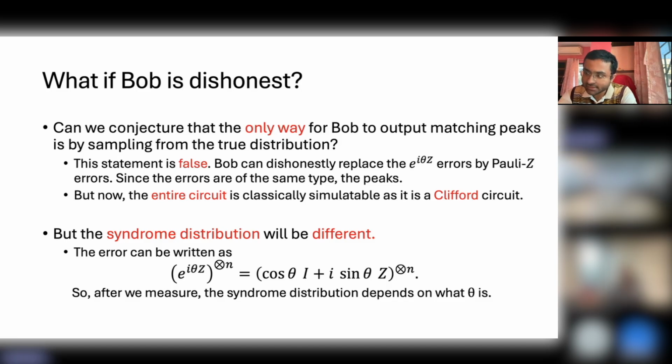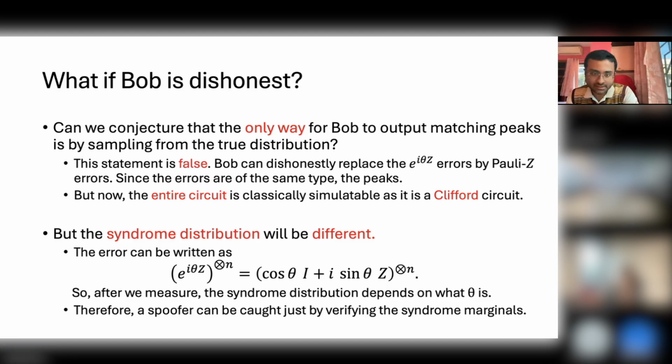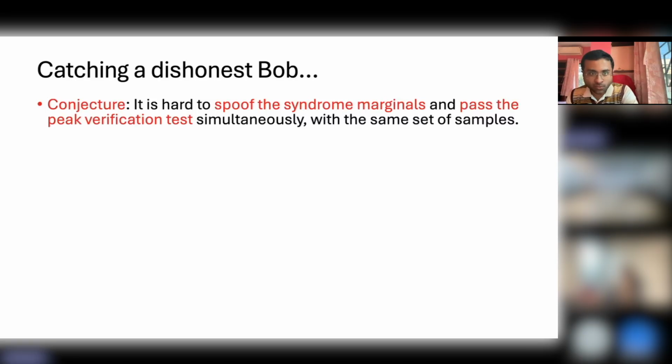Any more questions? Okay, so now the point is we somehow need to test the syndrome distribution. Just testing for the peaks is not sufficient. And so somehow we need to verify the syndrome marginals.